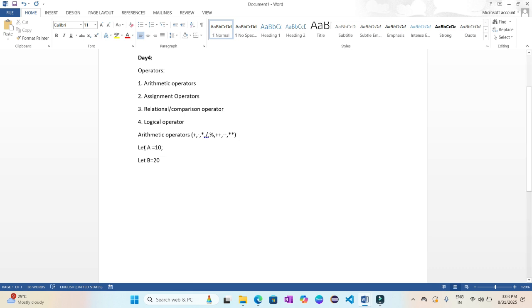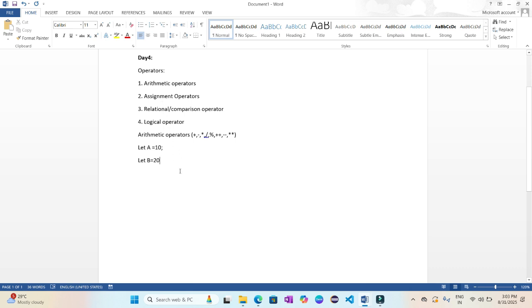Here a is a number. If you are adding a and b values, we use the plus operator. If subtracting a and b values, we use the minus operator, like the multiply operator and divide, percentage, plus plus, minus minus, and into. These are the main operators.